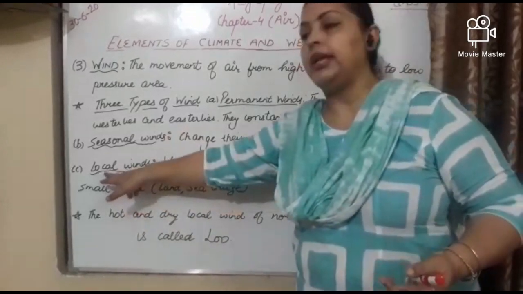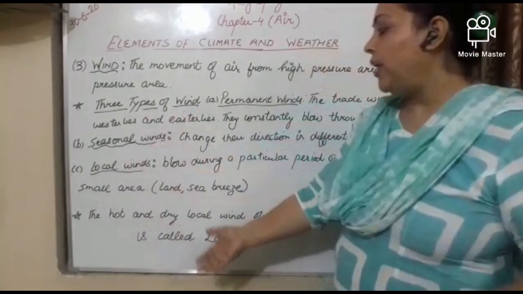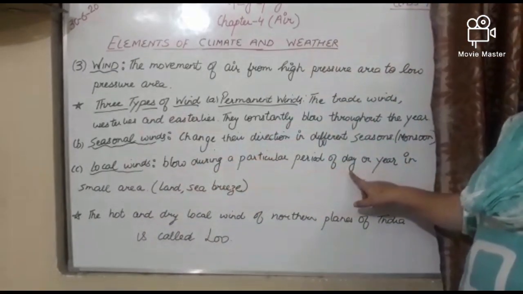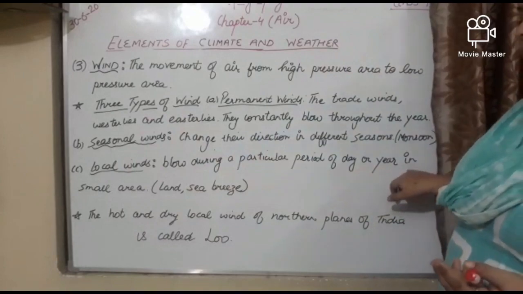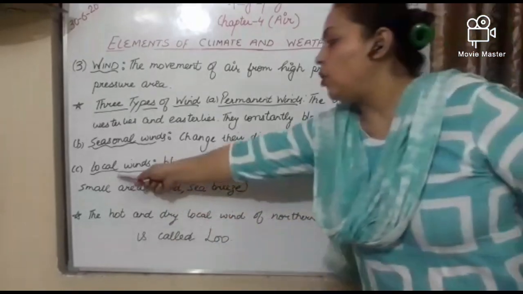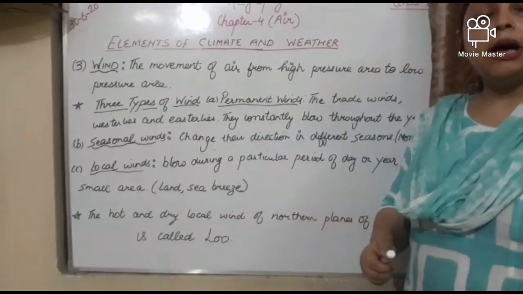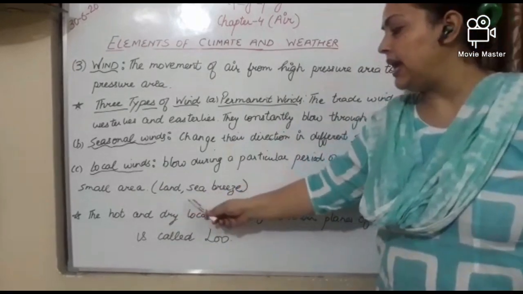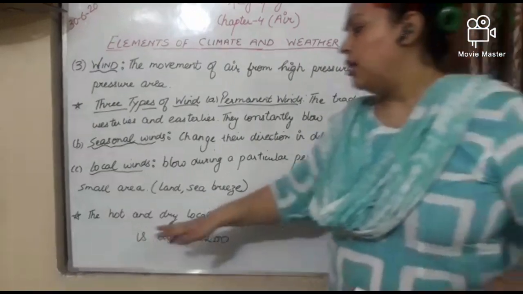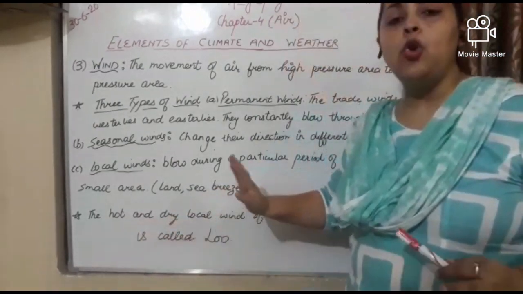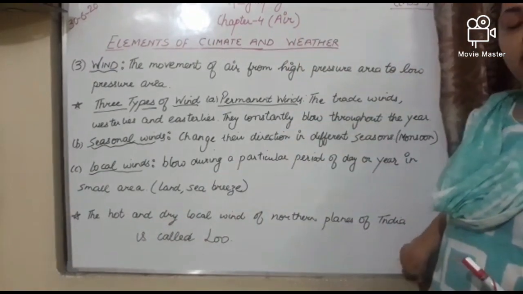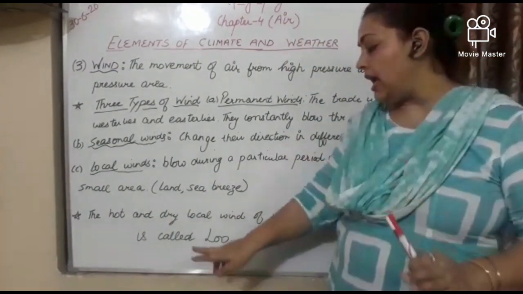Again, from the name you can guess: the winds that blow during a particular period of the day or year in a small area are known as local winds. Examples of local wind are land and sea breeze, and the hot and dry local wind of the northern plains of India, which is known as Loo.